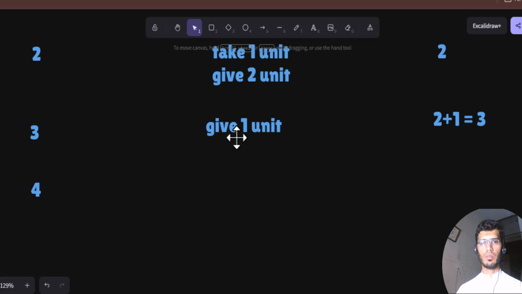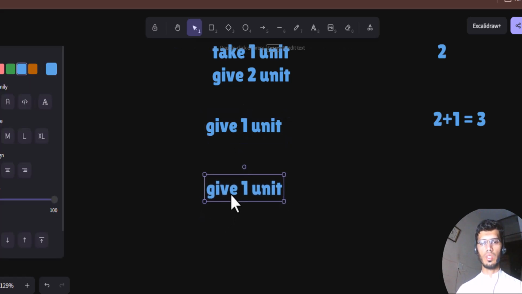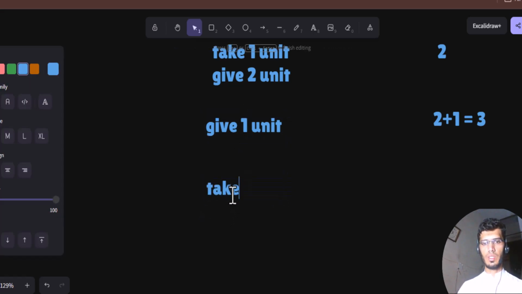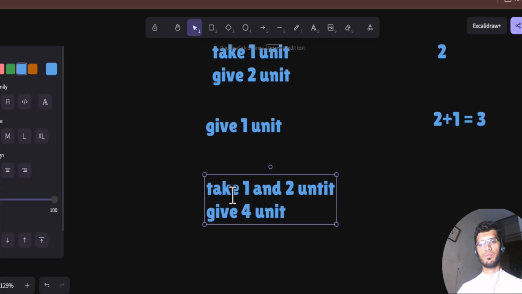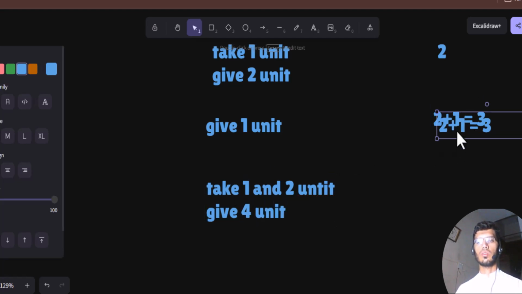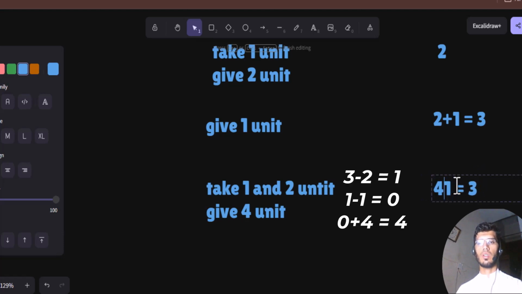So on day 4, we take the 1 and 2 units and give the 4 unit. So the employee would have a total gold of 5 units.